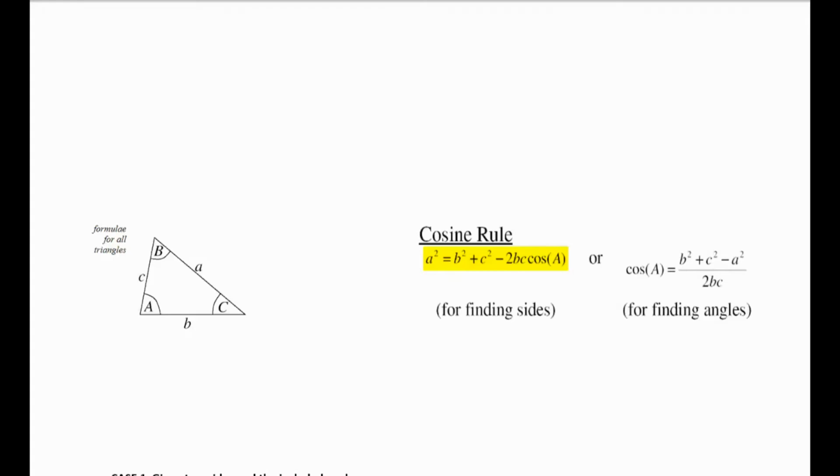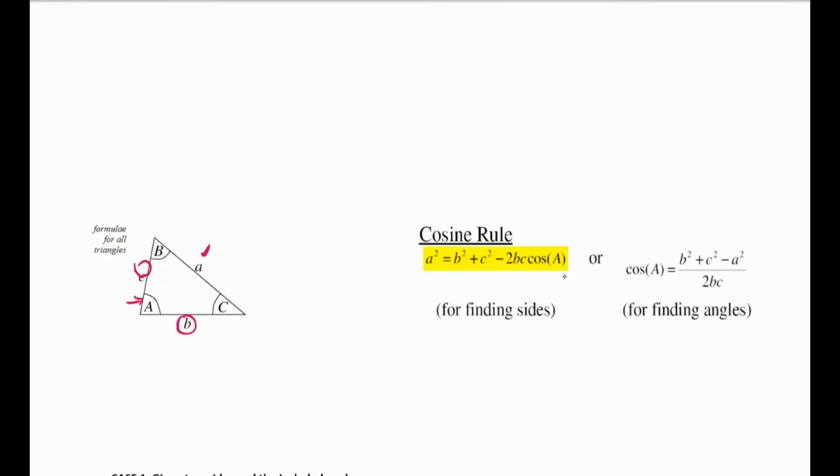Now, the standard notation for the triangle we know is ABC, where the big letter is for the angle and the small letter is for the side opposite that particular angle. And the rule clearly states a squared is equal to b squared plus c squared minus 2bc cosine of A. Now in this case, we will be given sides c and b, and we have to find a, and we'll be given angle A also.